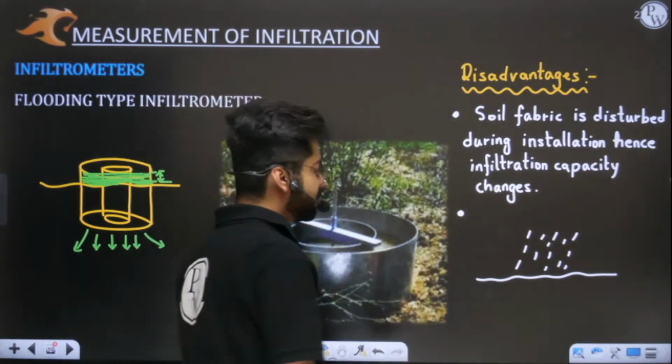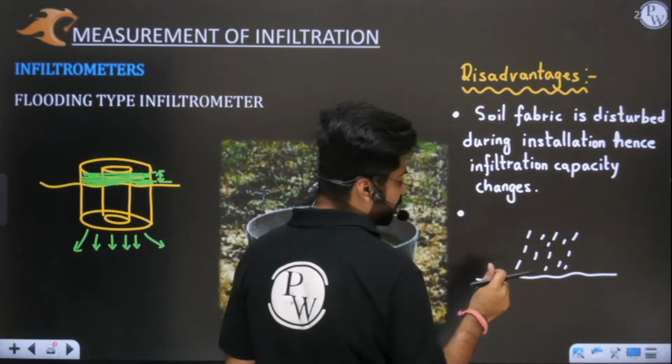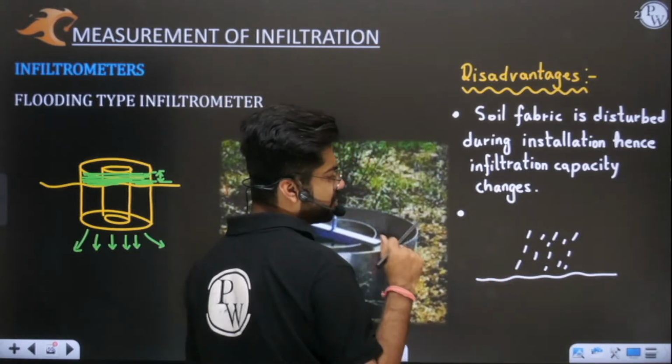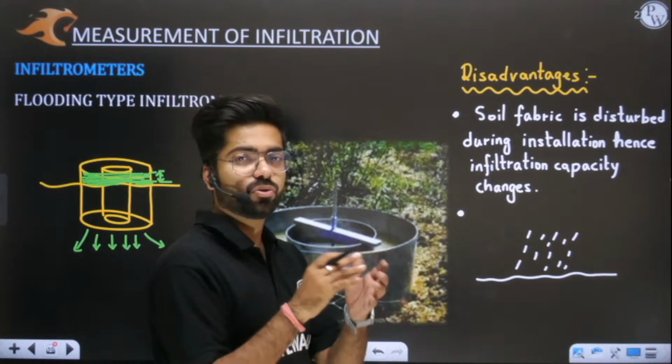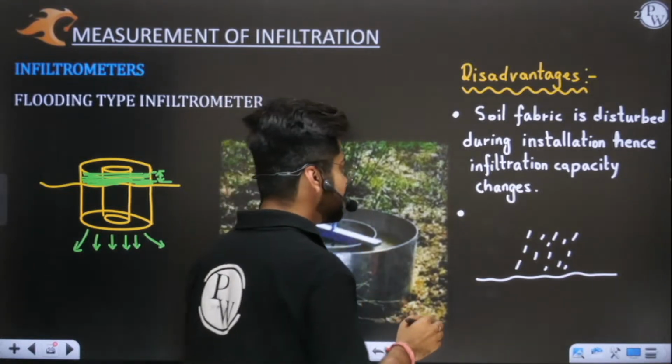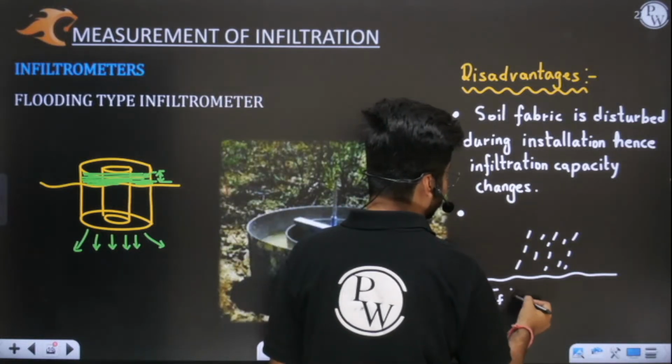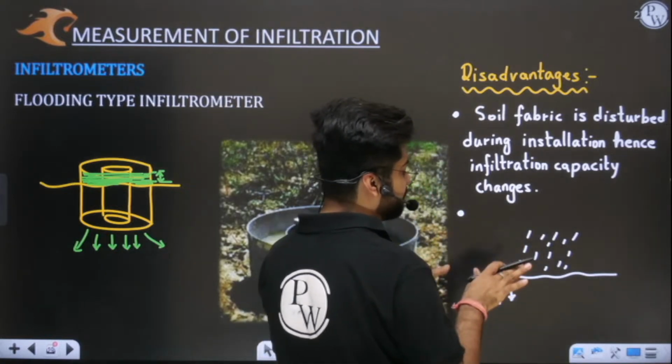Because of soil compaction, the voids will get closed and the void size will become smaller. So obviously in that case infiltration capacity will be less.